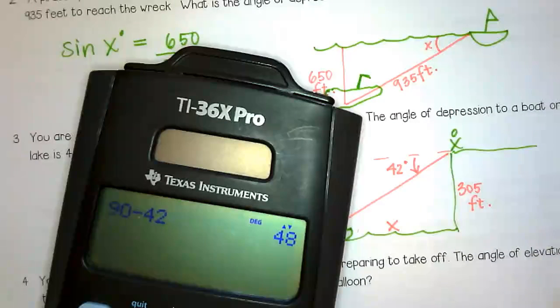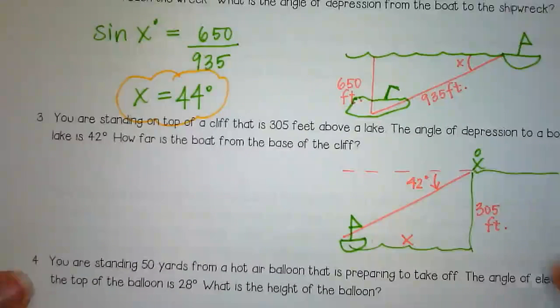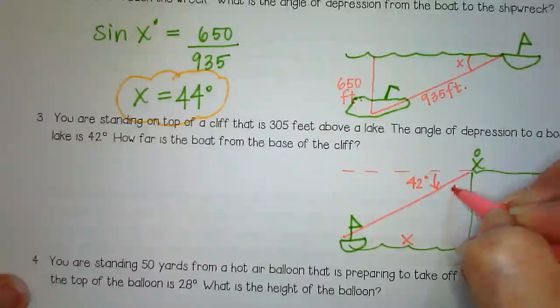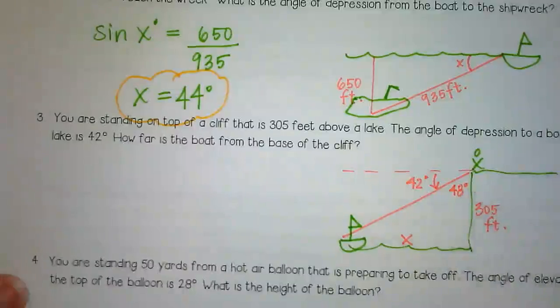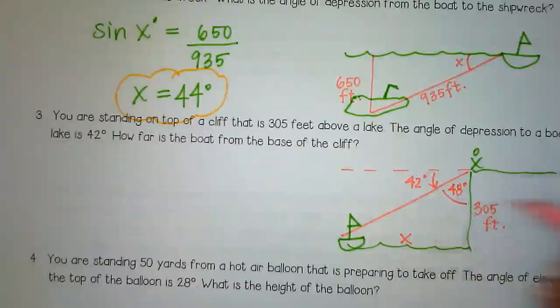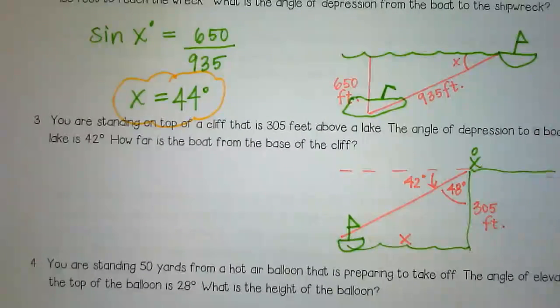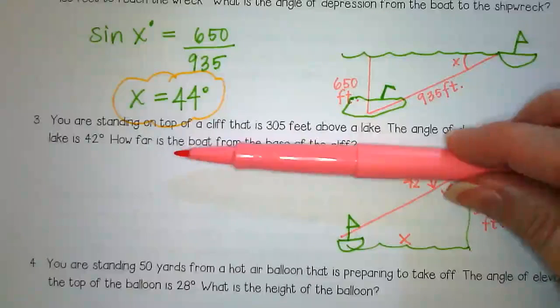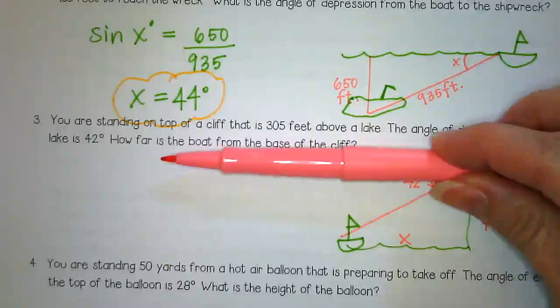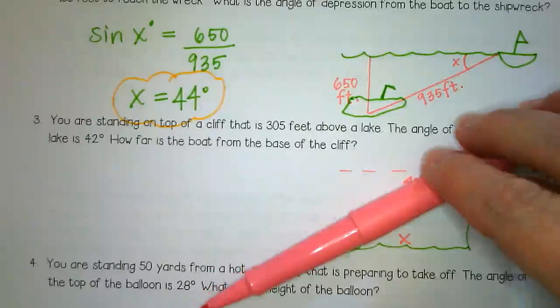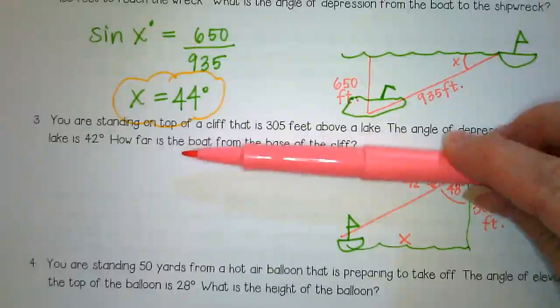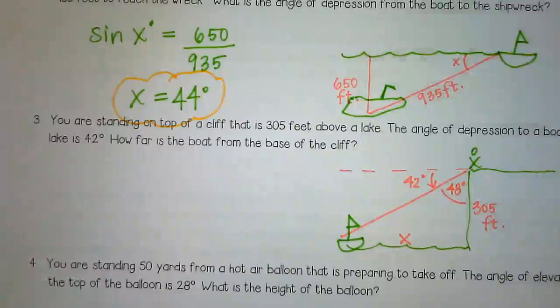I think I might just go with this one. So this angle up here is going to be 48 degrees. The angle of depression, remember, is always from the top, the sky, down to the line of sight, the hypotenuse going down.